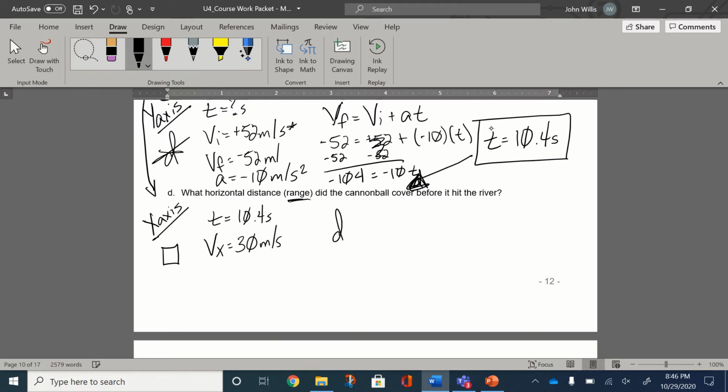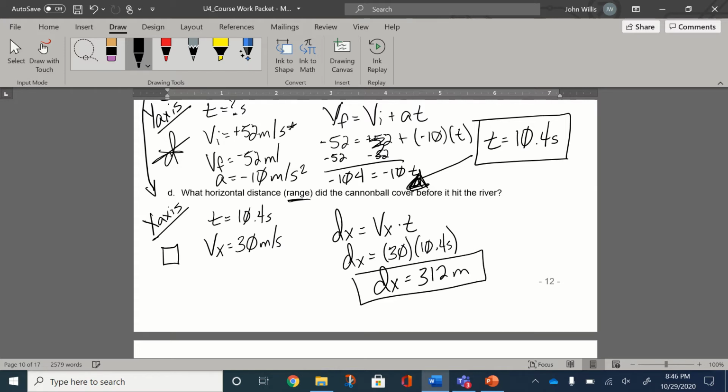I can find the range of this projectile. dx is equal to vx multiplied by t. Dx, in this case my horizontal distance, is equal to 30 meters per second multiplied by 10.4 seconds. And we should get a range for this particular projectile of 312 meters.